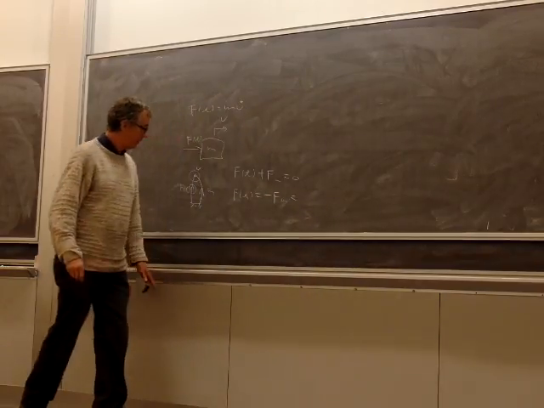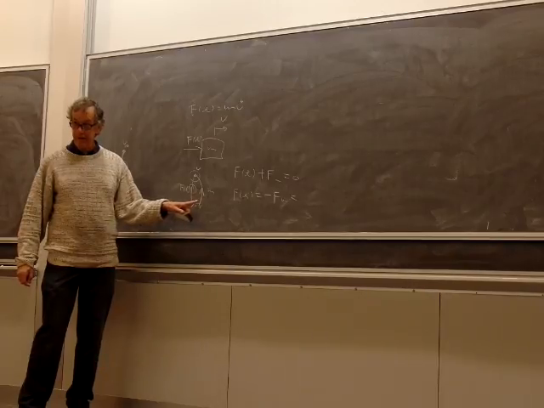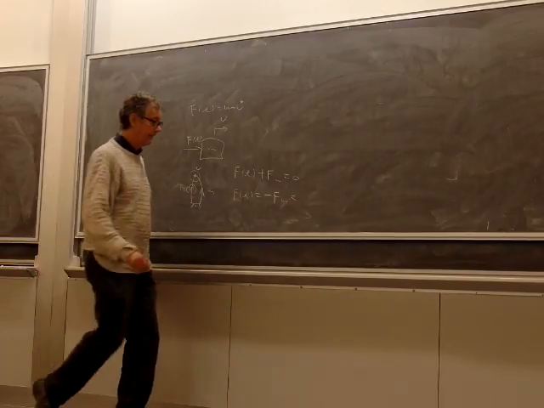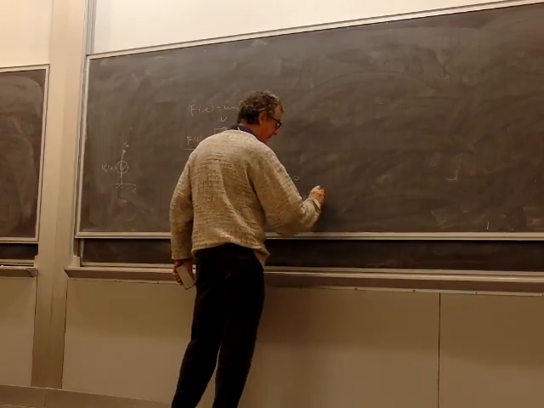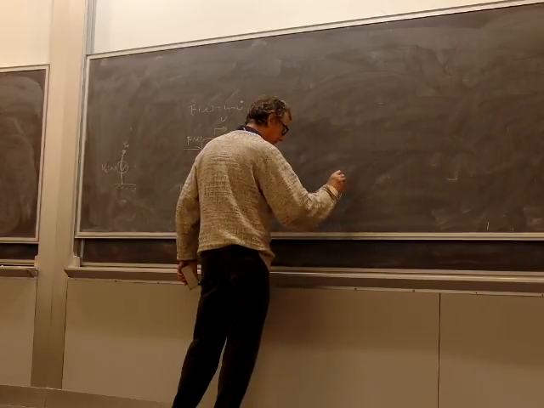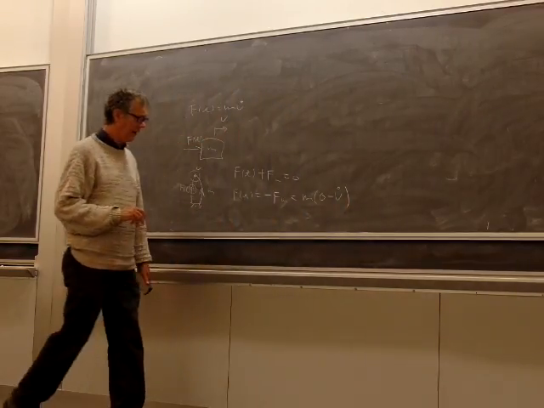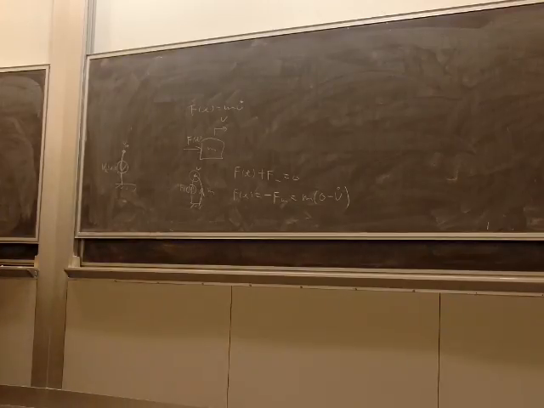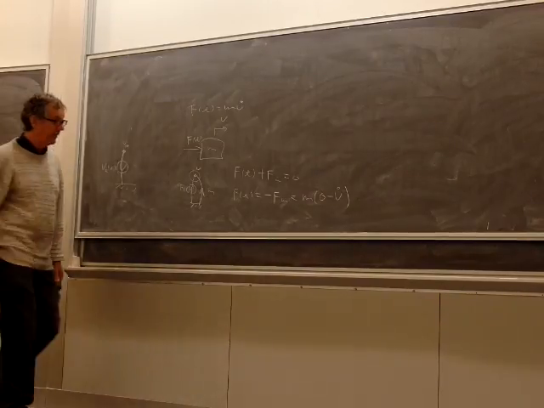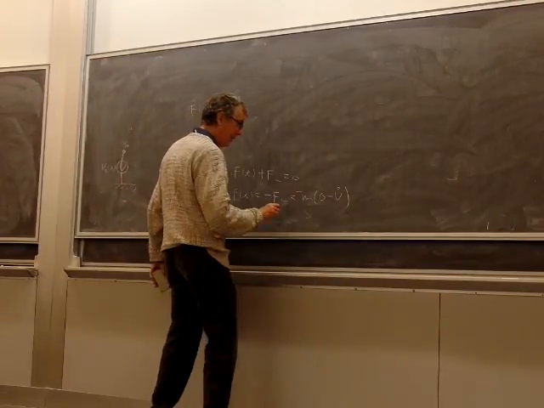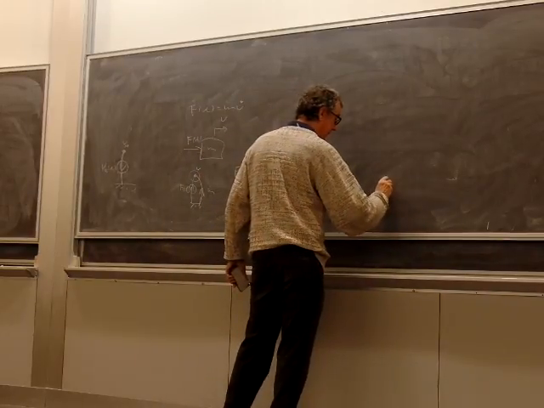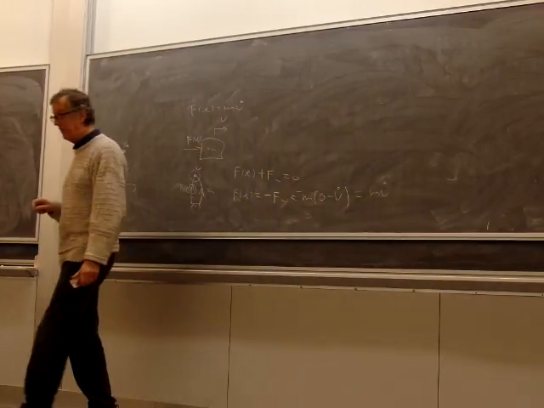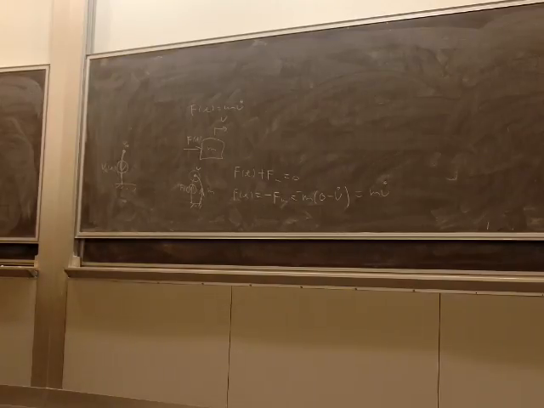But now, force of the mass is what? 0 minus v dot. Right? Do I get the right equation? Yeah, I get the correct equation. So it doesn't matter for these classes what direction I put the arrows. Just make sure I'm consistent all the way through.